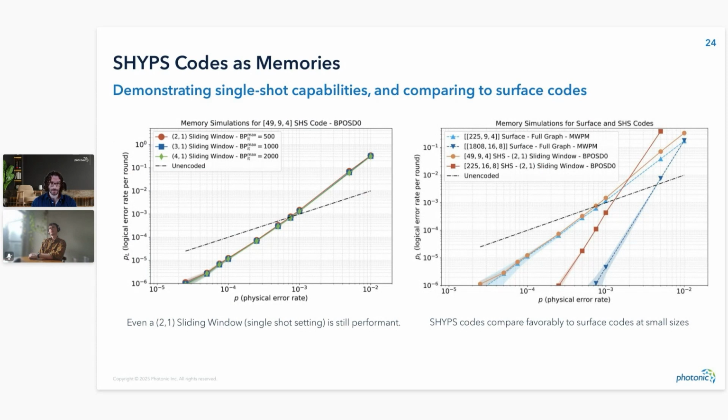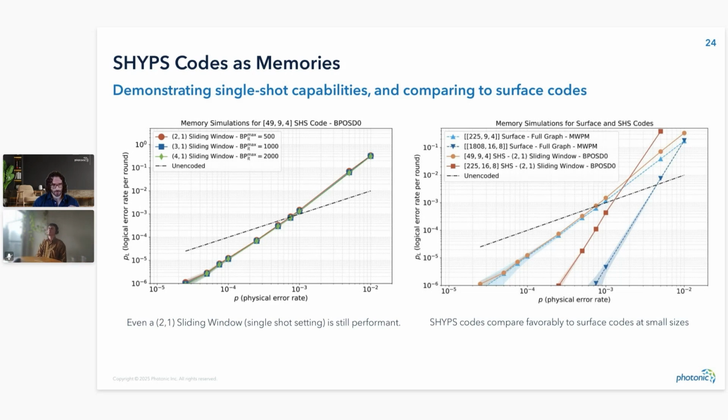In particular, you can see that for this 4994 code, you really can get away with essentially the smallest possible sliding window size, which is a 2-1 sliding window, in order to decode, and you get the same performance as if you were decoding over 4 rounds like you normally would for a code like this. So that's a great sign.